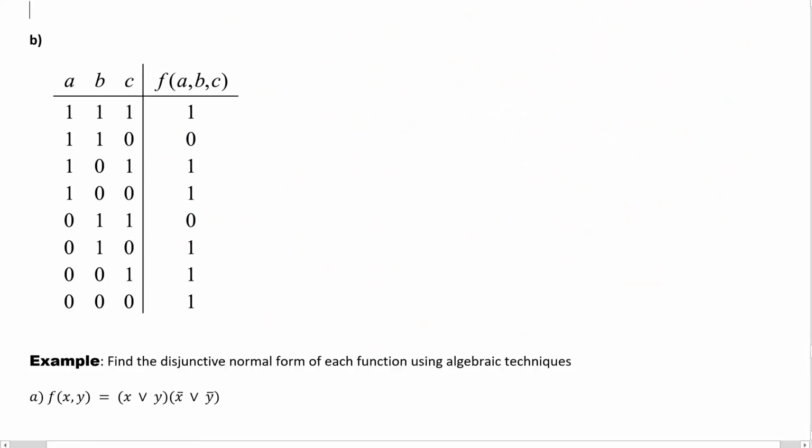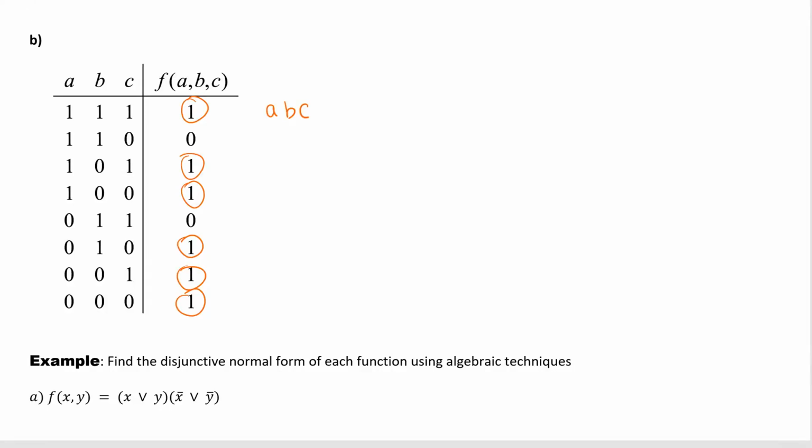Okay. Next. Ooh, this is more. You see, if there are more ones, it means your Boolean expression is going to be longer. Okay, it's okay. Let's do it. So this guy, we use A and B and C. Right now we don't need to put the AND symbol.